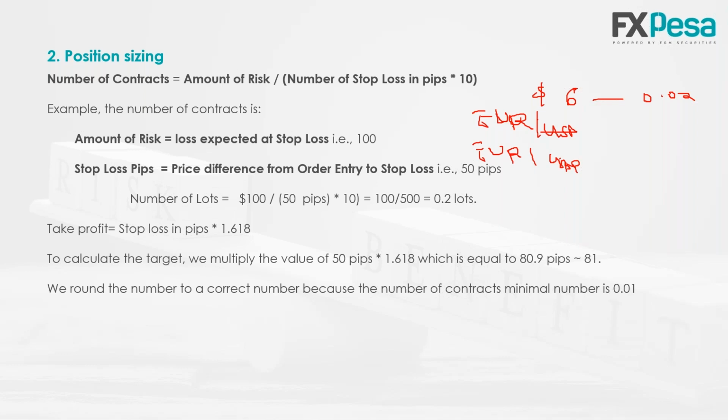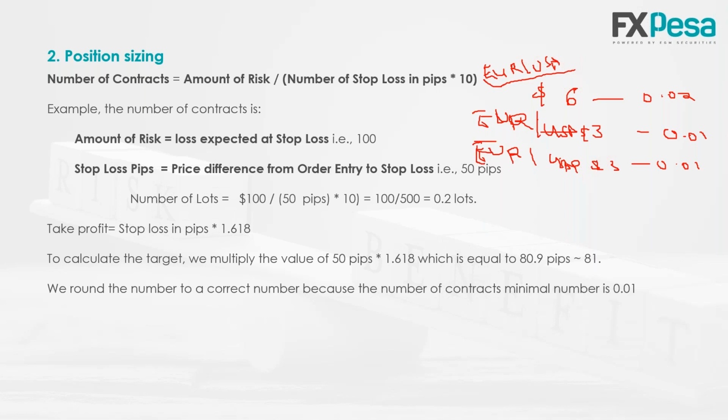Instead of risking $6 on one single trade, you can take Euro USD at $3, so you're distributing it, and for this one you take a lot size of 0.01, and for the other one another $3, with 0.01. Instead of exposing yourself to $6 on one trade of Euro USD, you might want to split the position sizes of 0.01 across 2 different currencies. It's trying to diversify, yes, but there's a lot of similarity, a lot of correlation. But if you understand it, you can flow with it a little bit better.